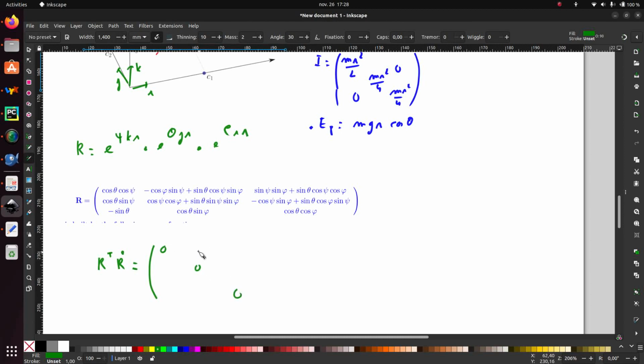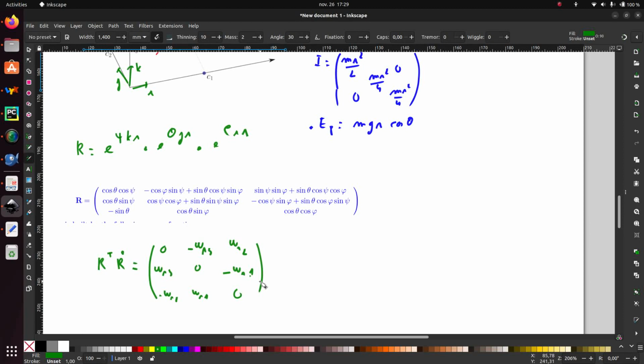It is a skew symmetric matrix which is given by this: omega R third coordinate, minus omega R second coordinate, omega R first coordinate, and so on.